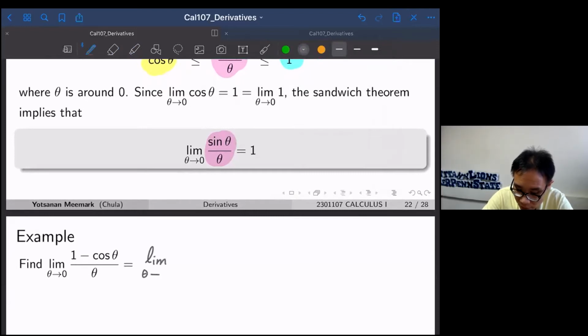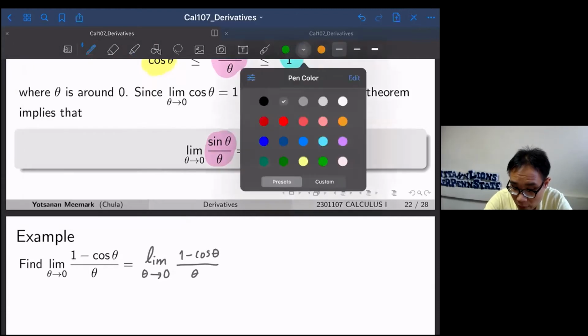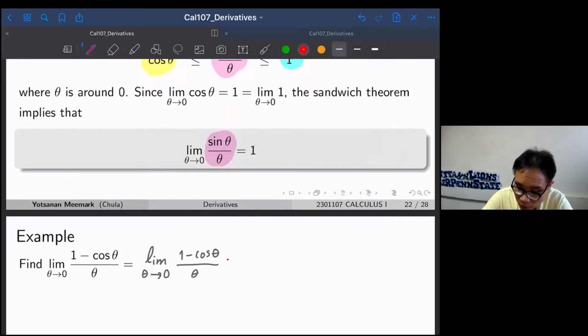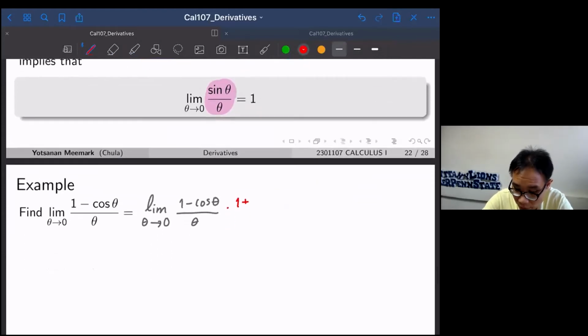You have the limit as theta goes to 0 of 1 minus cos theta over theta, and you multiply by 1 plus cos theta on top and bottom.